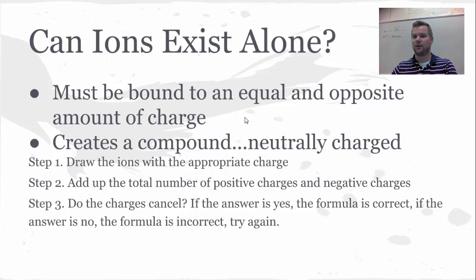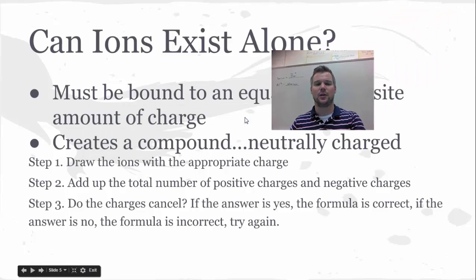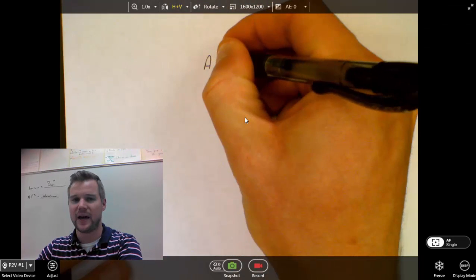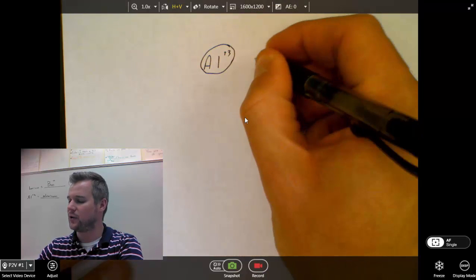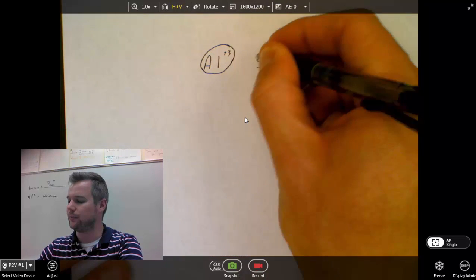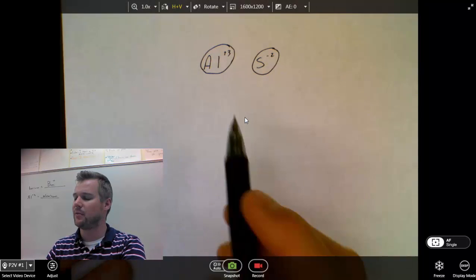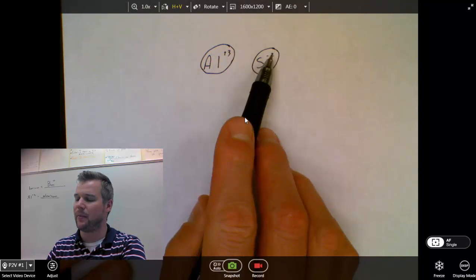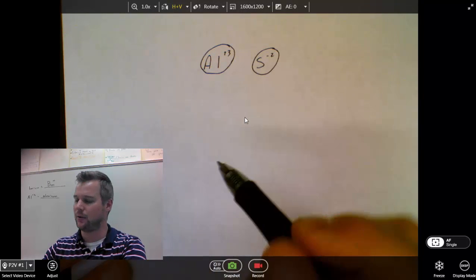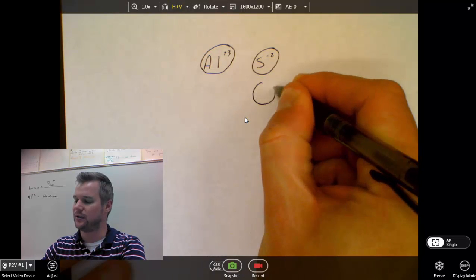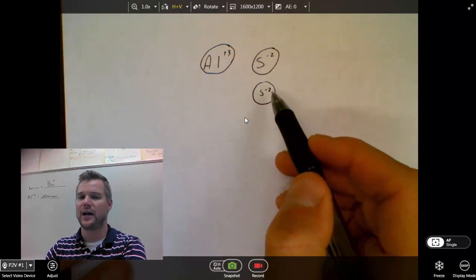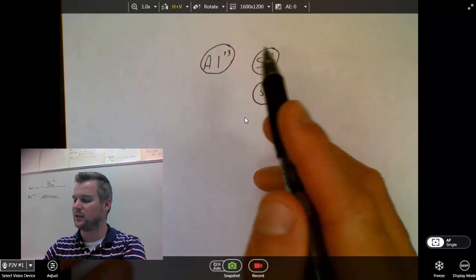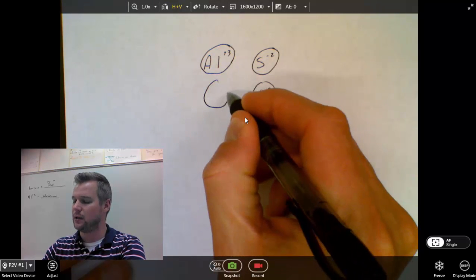So it looks something like this. Let's say I was talking about aluminum and sulfide. So I have an Al plus 3 particle, and I have a sulfide minus 2 particle. Now, if I look at my plus charges, I have 3, and if I look at my minuses, I have 2. So right now, I'm a little bit short on minus because they don't equal the same number. So I add another S minus 2, now I have 4 negatives, and I have 3 positives, so I need more positive.